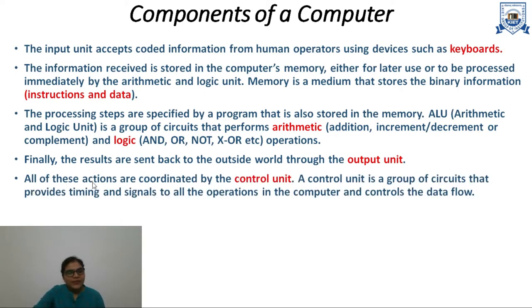All of these actions are coordinated by the control unit. Actions of the input unit, the ALU, the memory, all the actions of different modules will be controlled by the control unit. So the control unit is a group of circuits that provides timing and signals to all the operations in the computer.